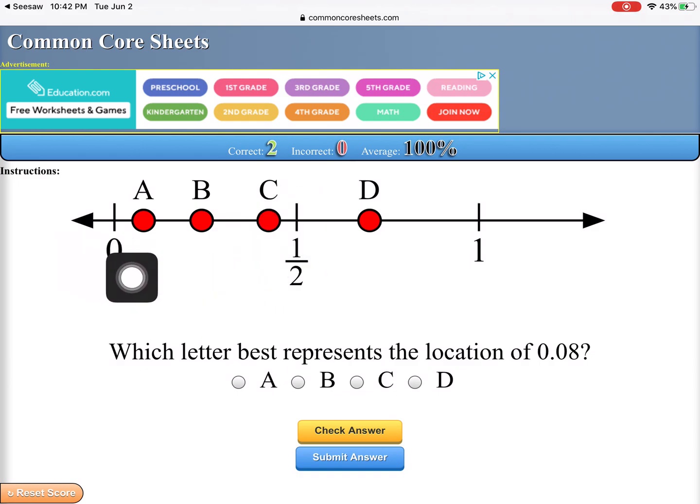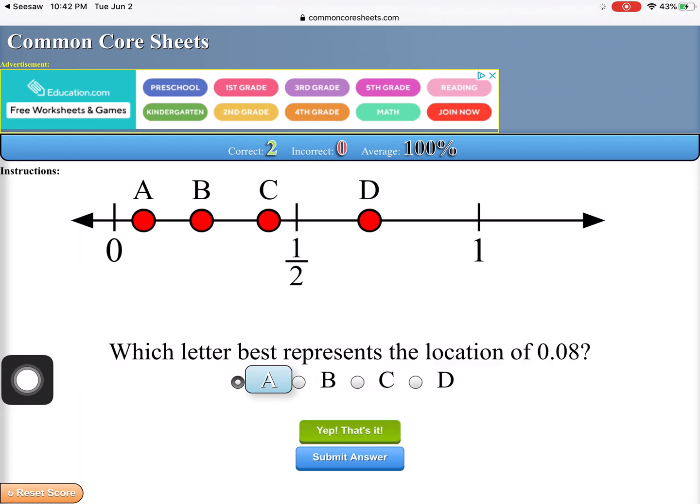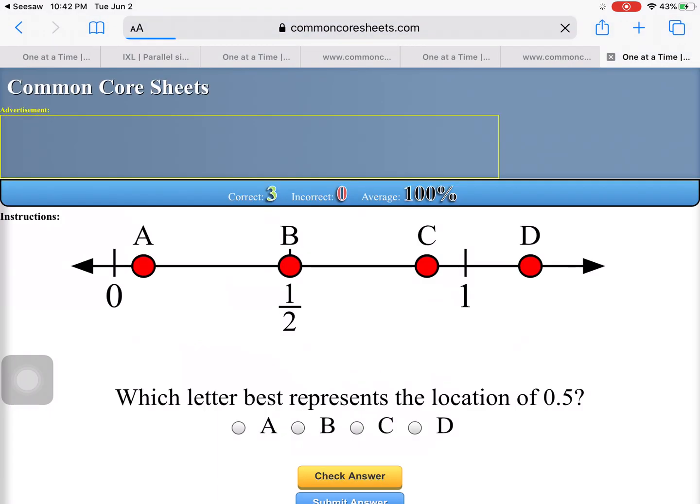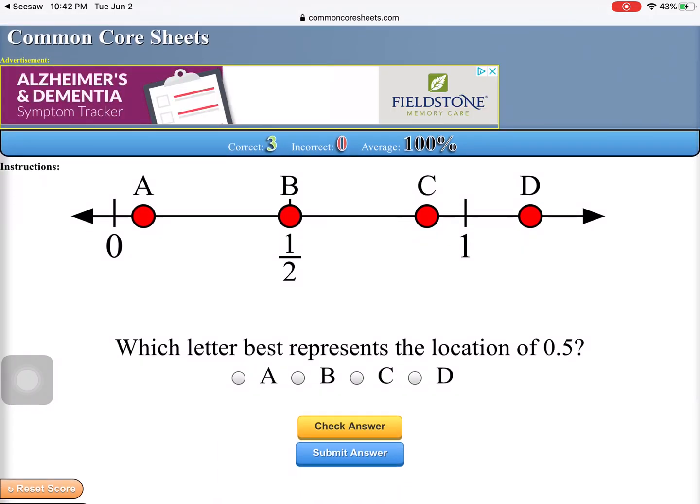Is it closer to 0 or halfway between? So half of 50 would be 25. I'm thinking it's going to be A. See how I'm reasoning using what I know, and that's what you're going to keep doing.